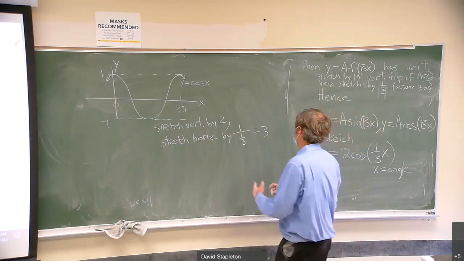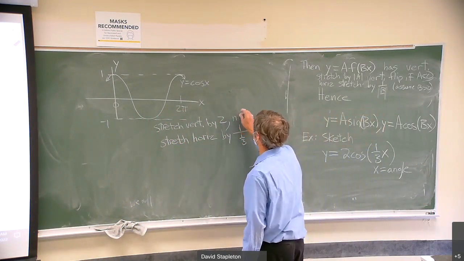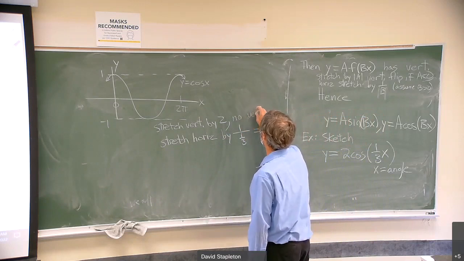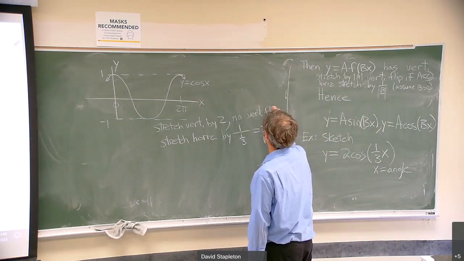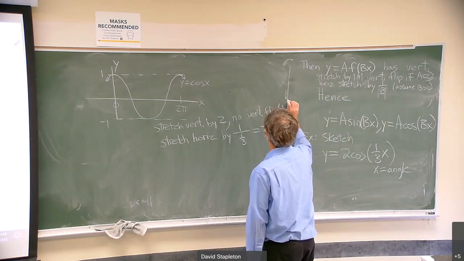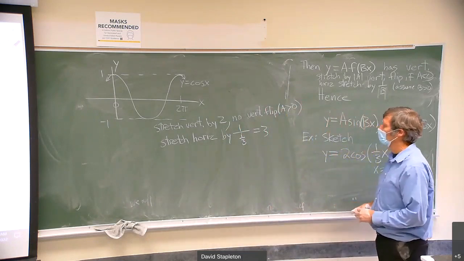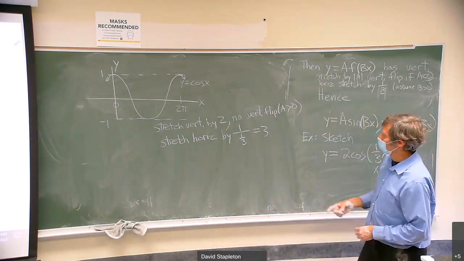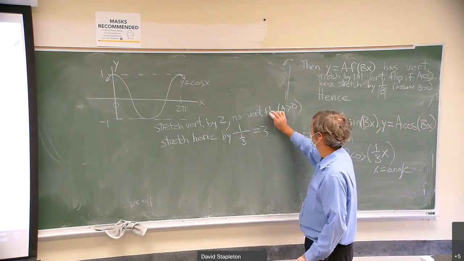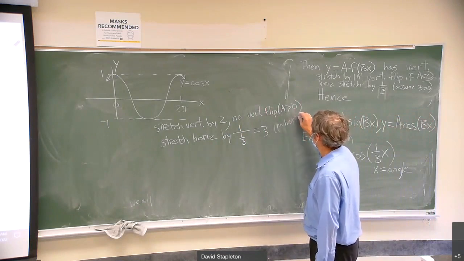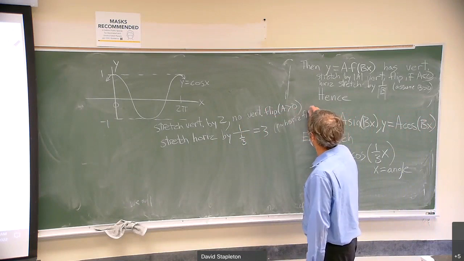And then there's no flip because these are both positive. No vertical flip, since a is positive. A negative a would make all the y coordinates negative. And again, b is positive, so there's no horizontal flip.